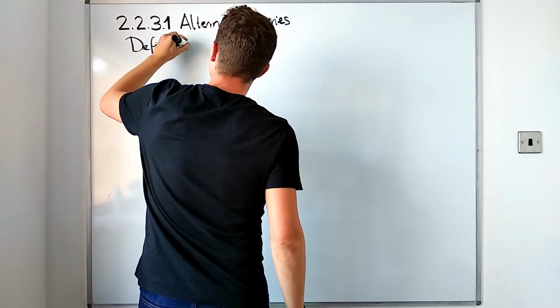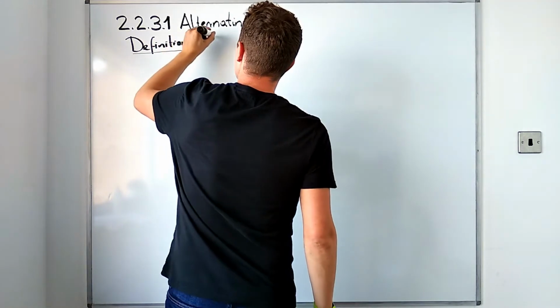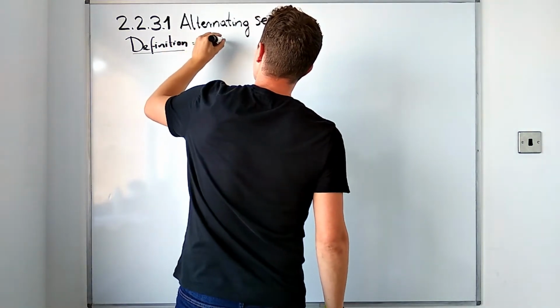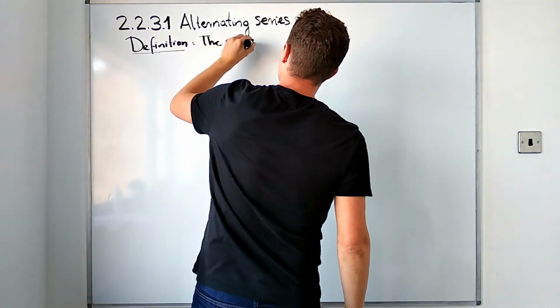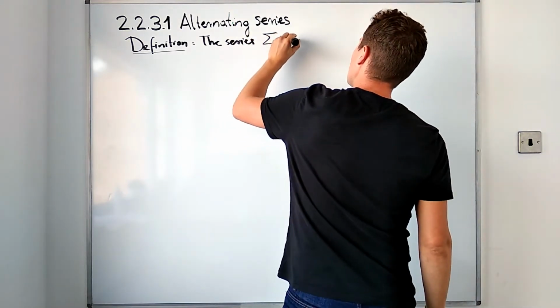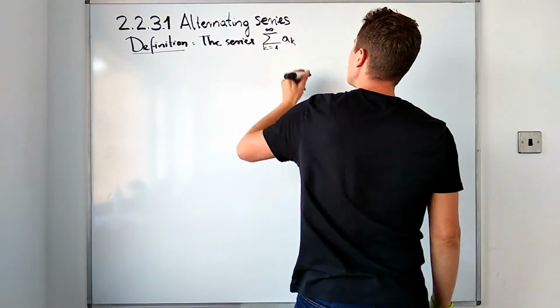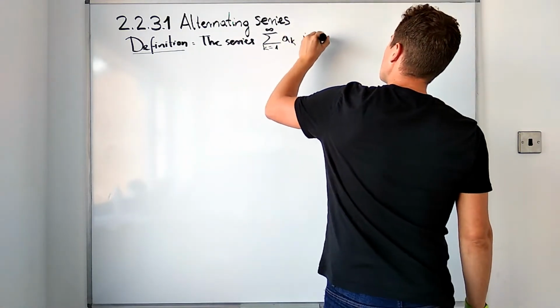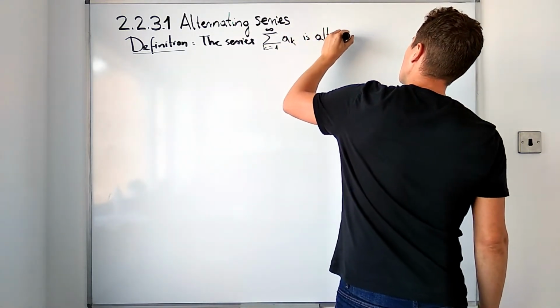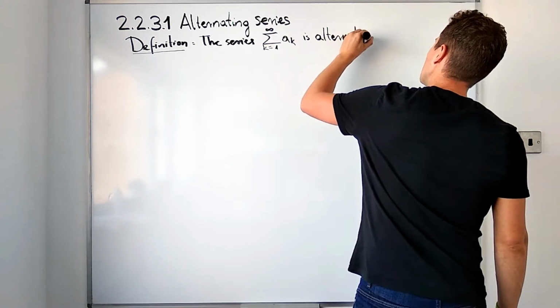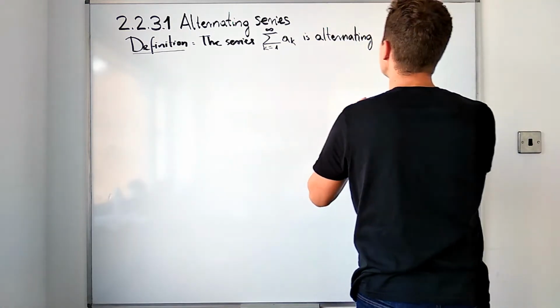of an alternating series. The infinite series, that is the sum of a_k with k going from 1 to infinity, is alternating if subsequent terms have different signs.